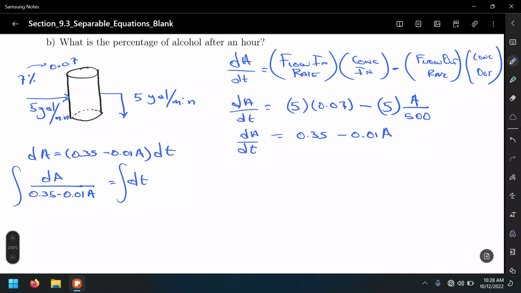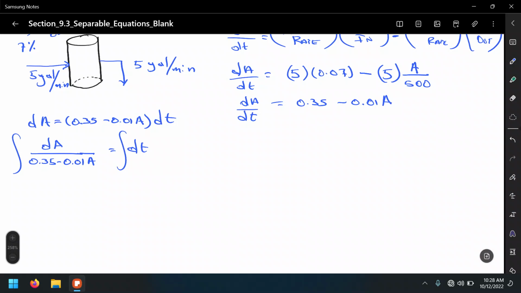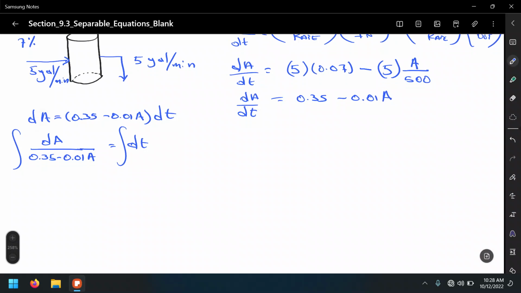All right, so the right-hand side of the equation should be a really easy one to do. However, the left-hand side will require a mini u substitution. So let me show you that u substitution. u equals 0.35 minus 0.01A, du equals negative 0.01 dA, which means dA is negative 1 over 0.01 du.